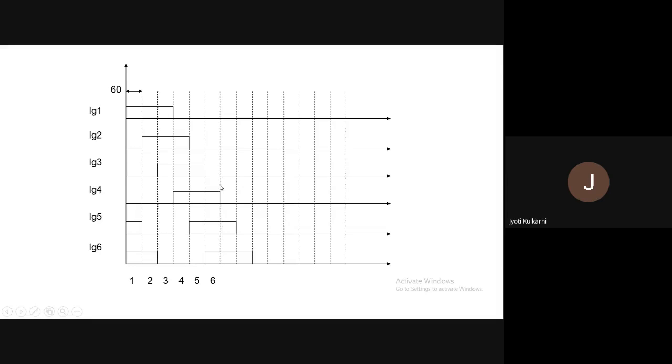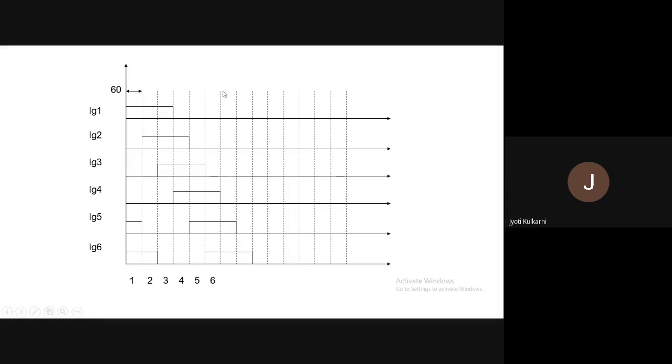Here I have completed 360 degrees from 0 to this line. So this is the first line, second line, third line, fourth line, fifth line and sixth line. The sixth line gives me the sixth interval, and here my cycle ends.